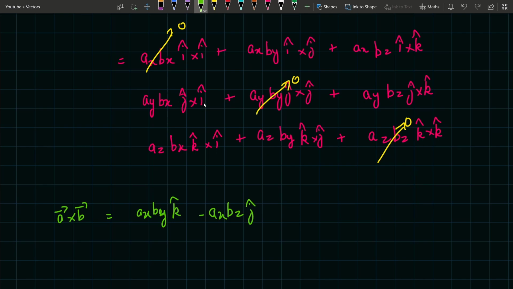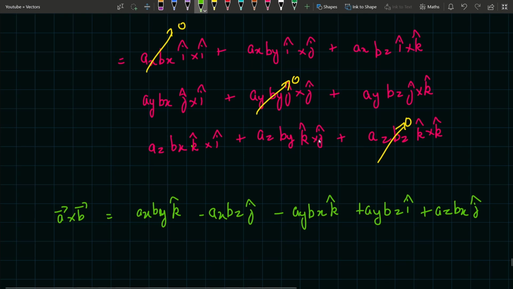Next, j cross i is minus k, so minus ay bx k cap. j cross k is plus i, so plus ay bz i cap, and k cross i is j cap, so plus az bx j cap. k cross j is minus i, so minus az by i cap.